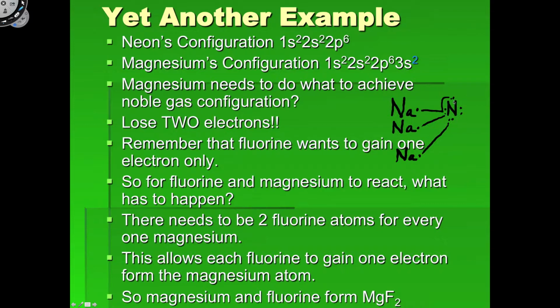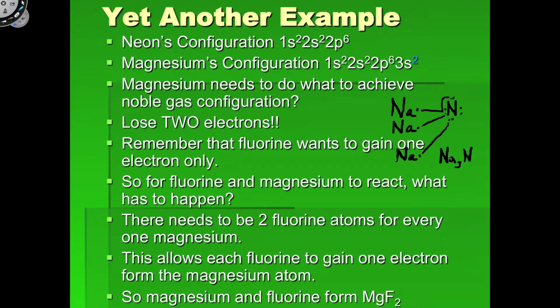Now, is this nitrogen happy? It has a valence of 8. Have all these sodiums lost their 1 electron? They have. And how many sodiums do you see? I see 3. So the ratio is 3 sodiums for every 1 nitrogen. And that's your formula for sodium reacting with nitrogen.